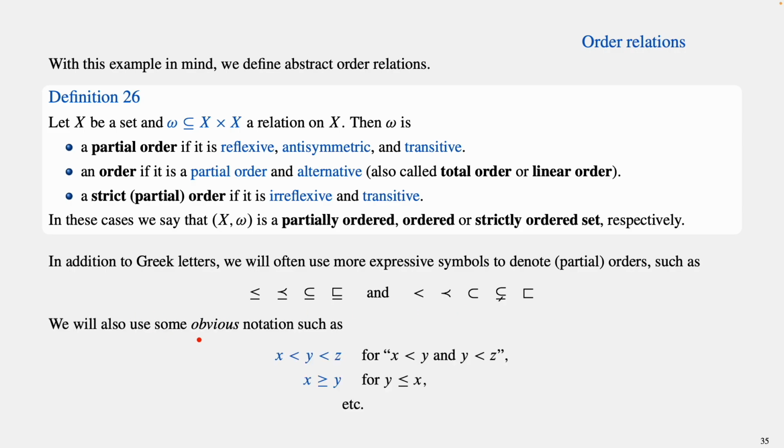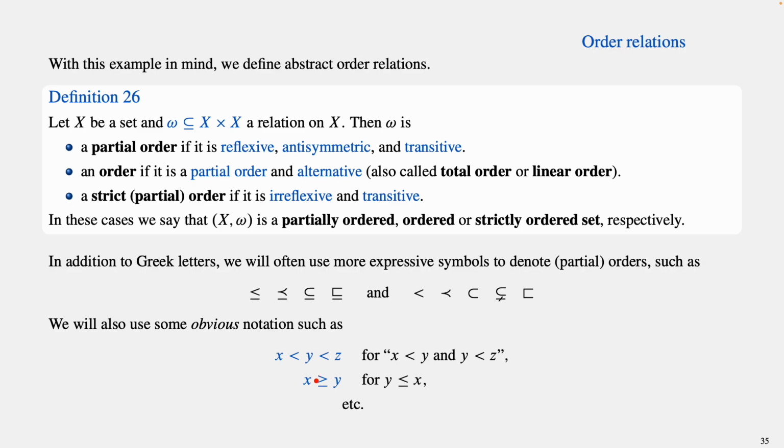And we will also use some obvious notation that I don't want to have to define in a formal way. So if I write something like x less y less z, then this simply means the same as saying x is less than y and y is less than z. And similarly, if I use something like x greater or equal y, this is just another way of saying y is less or equal to x.